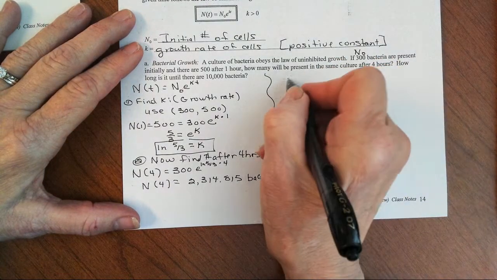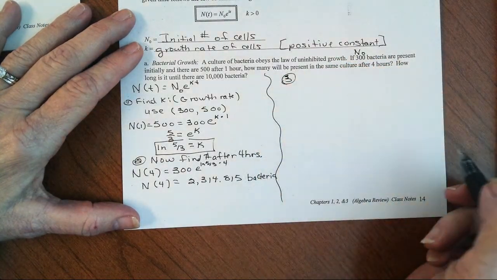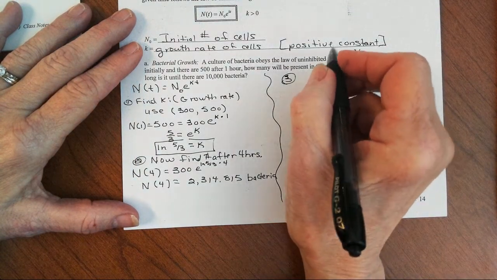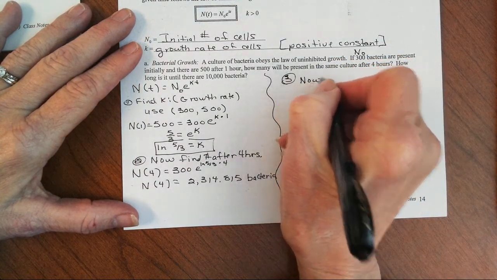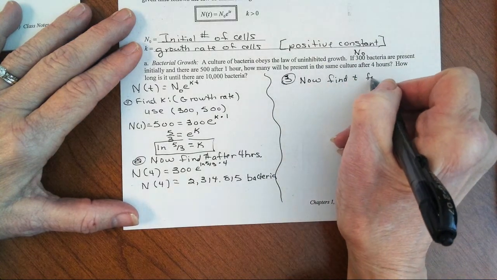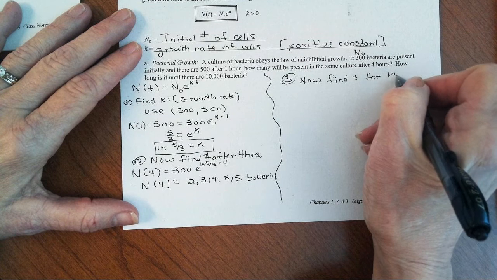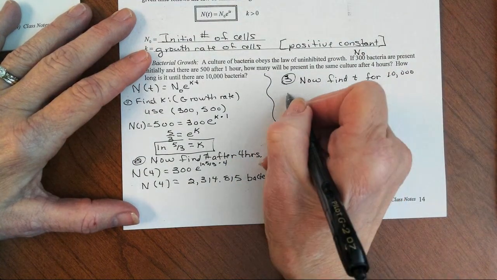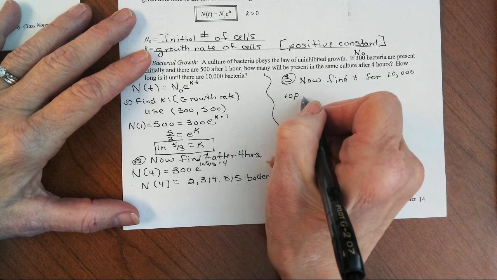And then the next thing we're going to do is find the amount of time it takes to get 10,000 bacteria. So we're going to find t for 10,000 bacteria. That's the ending amount, so that's n at t.